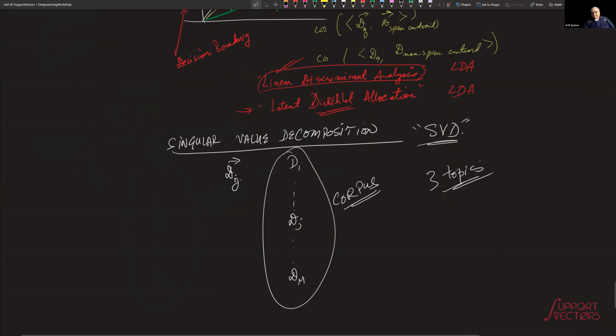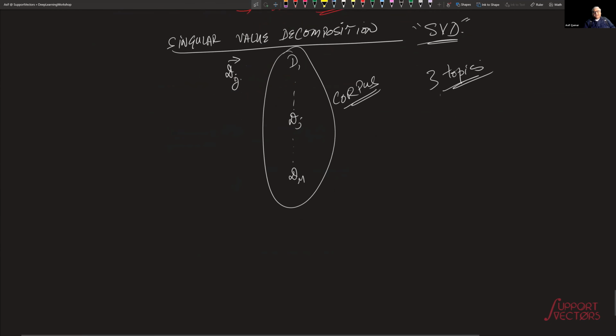If you think of a document as a user, you remember that user 1, user 2, user n, and then you have items that they are purchasing, item 1 to item m.